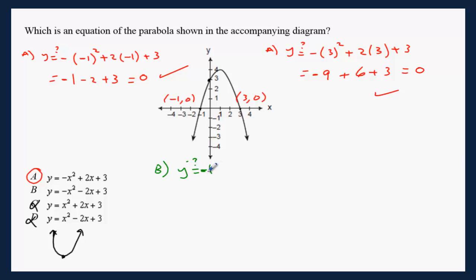That is -1 squared minus 2 times -1 plus 3. -1 squared is 1. -2 times -1 is +2, plus 3. +2 and +3 is +5, minus 1 equals +4. It does not work. The y must equal 0. If it does not satisfy one condition, this means this is not the right choice. Okay, so the correct choice is A.